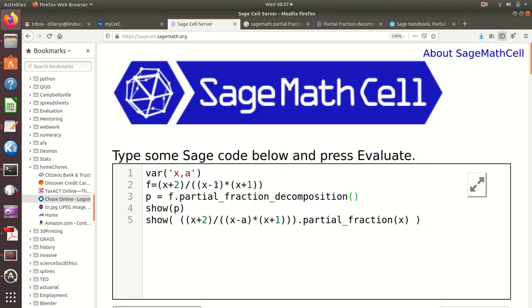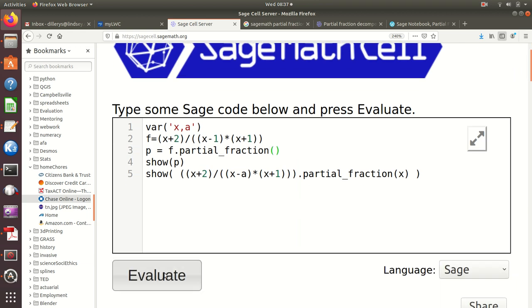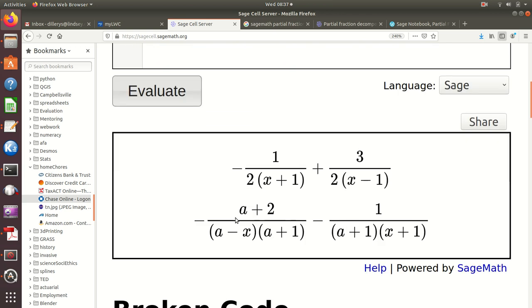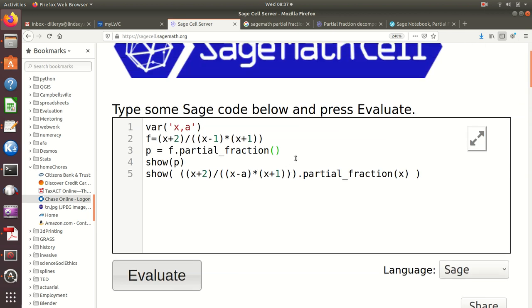But that quickly I can kind of see, oh yeah, at least for now I don't want that. I just want that. And if I do that, it will work just dandy. And so there is our specific problem. There was a more general problem, and we have those answers. So that's partial fraction decomposition.